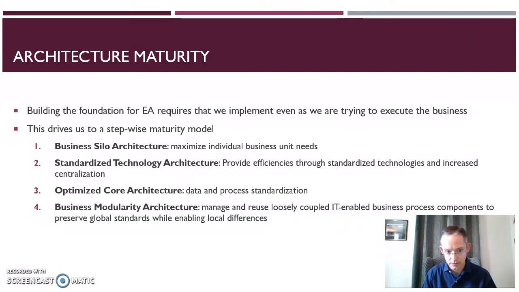And then the fourth level, where you get to business modularity, where you can manage and reuse loosely coupled IT business processes and preserve all those global standards while enabling local differences. So when we talk about big data and 12-factor apps and using the cloud, that's really what we're getting at there. How can a business get at the same data stores, the same standards, the same architecture, but be able to implement their particular business processes in a way that's modular? That's what we're going to be going after.